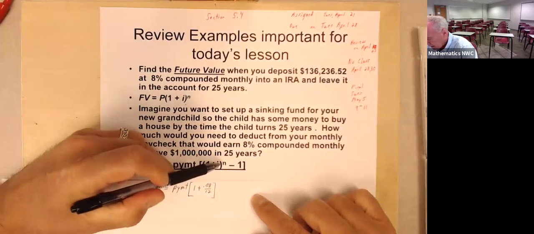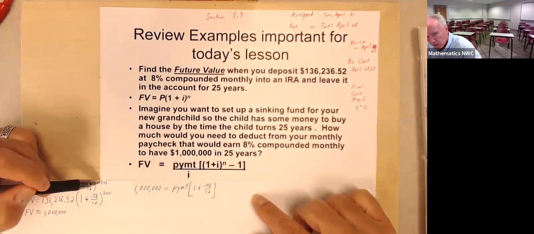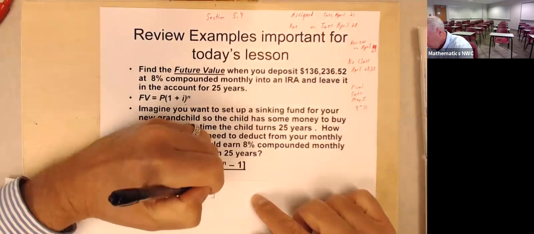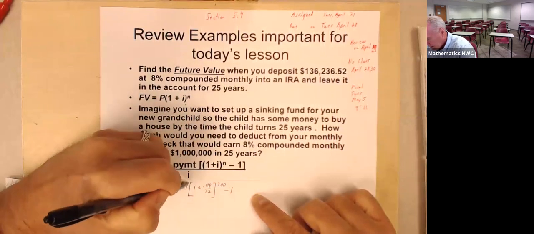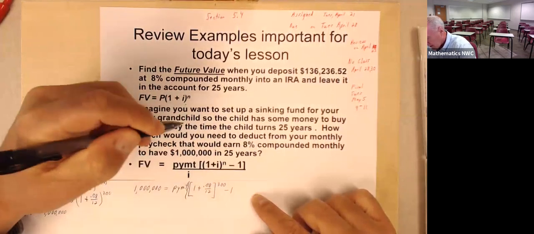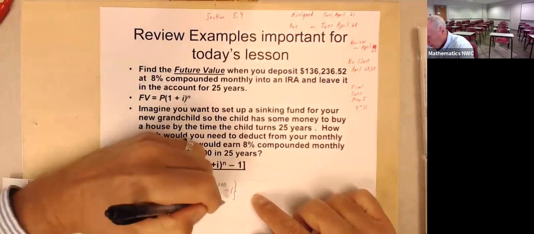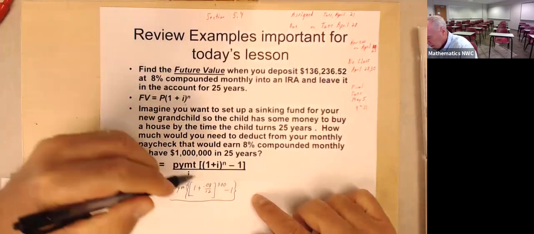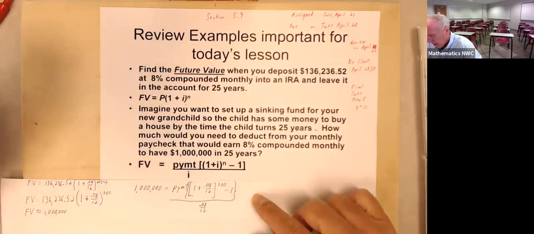N is going to be that same 25 years times 12, or 300. Probably should have gone another set of brackets here, but this will work. Over I, which is 0.08 divided by 12.